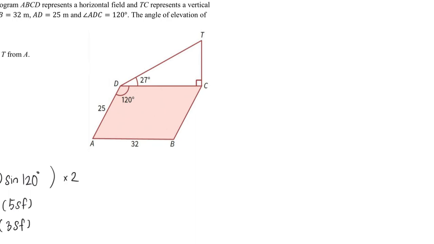One line is my TA, and the other line will be my AC. Because then I need you all to see that this is in fact a right angle triangle.